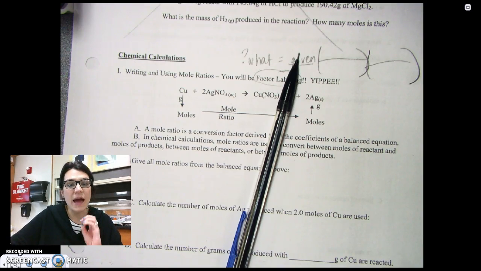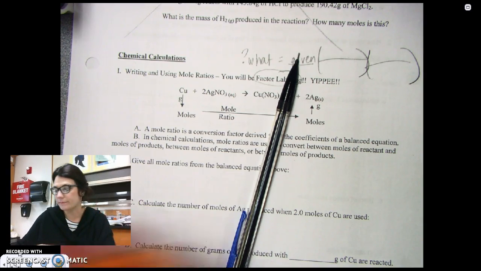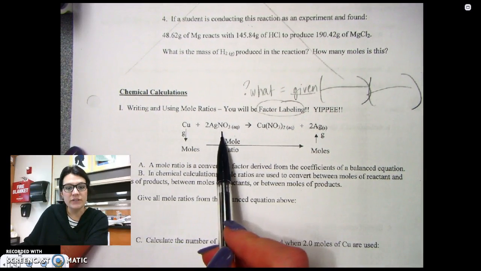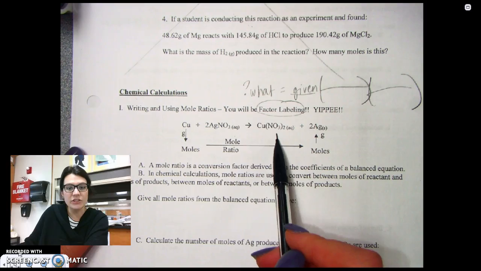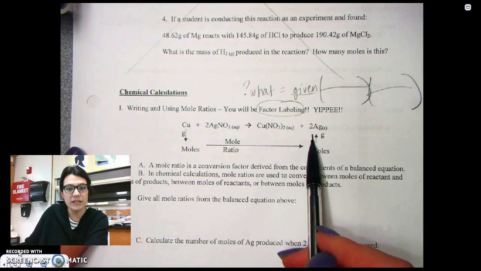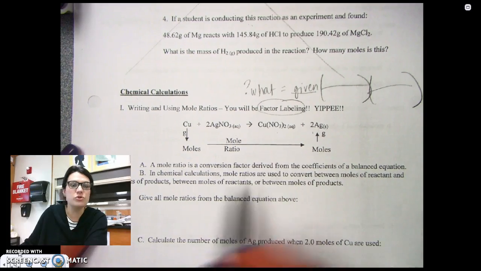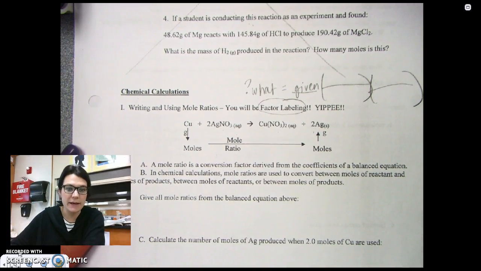And we use the chemical reaction, and this is why it's so important that you know how to write chemical reactions. We use the chemical reaction to develop the mole ratio, okay? So let's look. If I have copper and silver nitrate making copper 2 nitrate and silver, I can relate their mole ratios to how much of something is being made, okay?